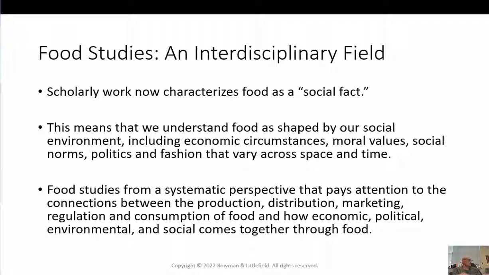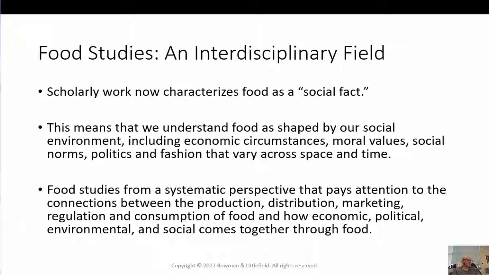And so there's been a lot of scholarly work on food as social fact. And this means we understand food is shaped by our social environment, economic circumstances, moral values, social norms, and political fashion that vary across space and time.